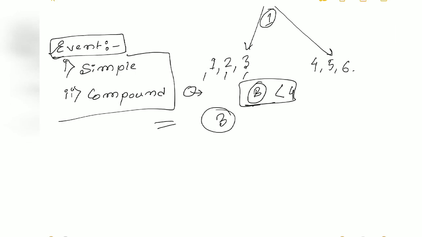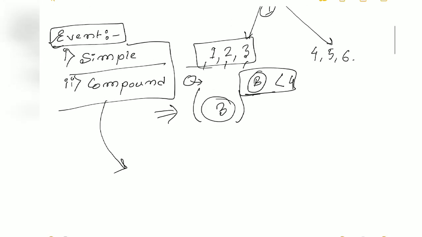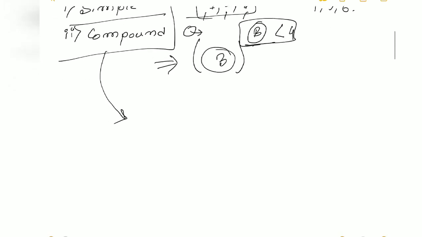So this is the definition: getting the elements of the sample space is known as a simple event. Now, what is a compound event? A compound event is such an event which you can decompose into 2 or more simple events.